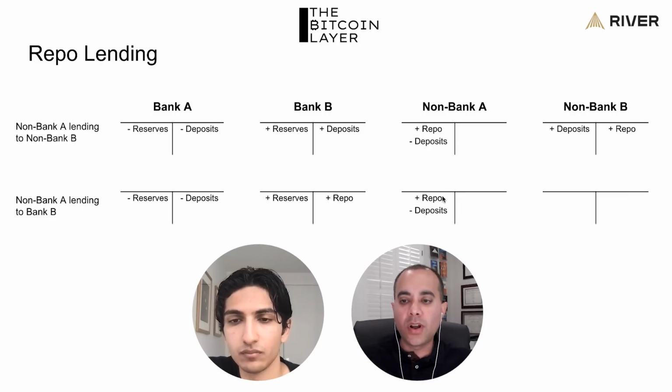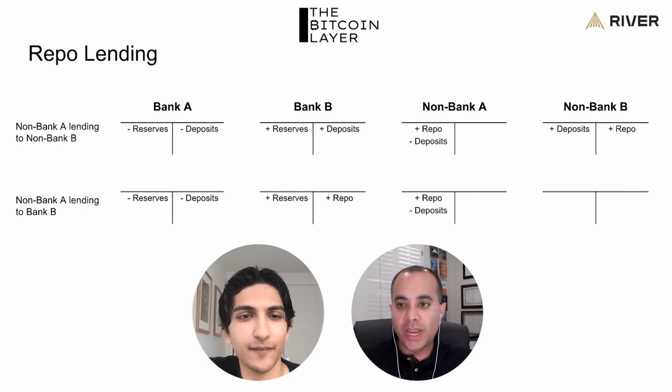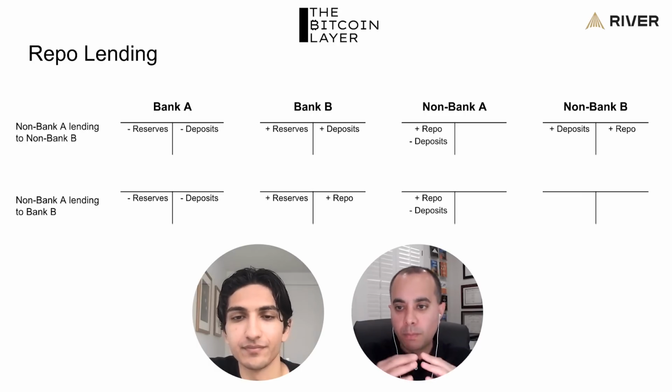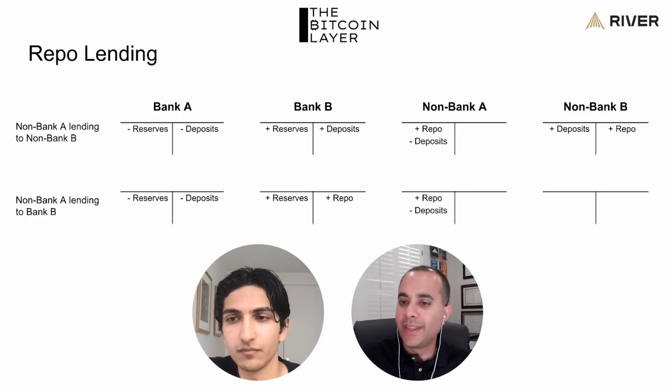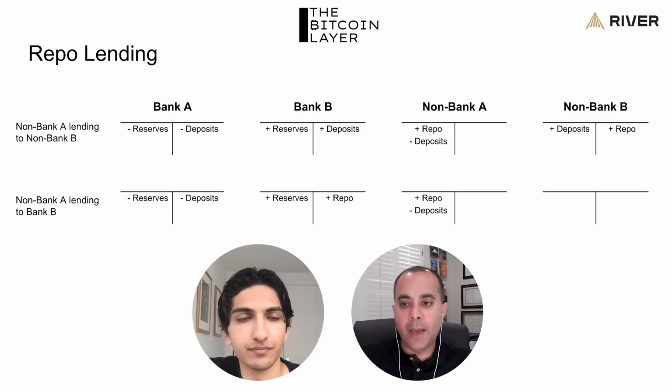So we start our day at the Bitcoin layer with what is the SOFR rate, meaning what is the average price of money using treasury securities as collateral from yesterday in the financial system. That tells us what is happening in the money market. So when we think about money markets, what is money markets?